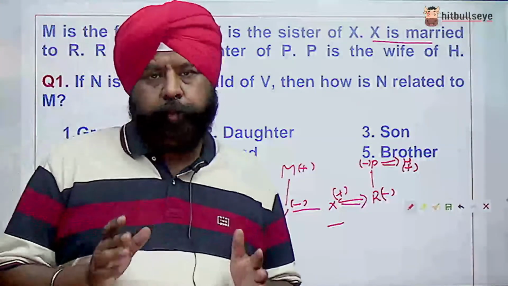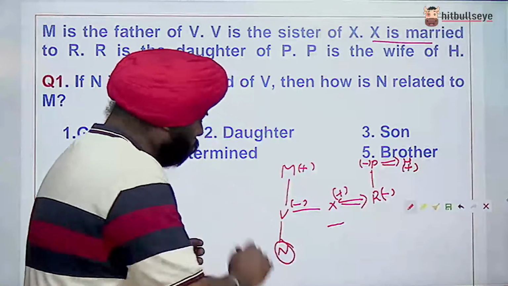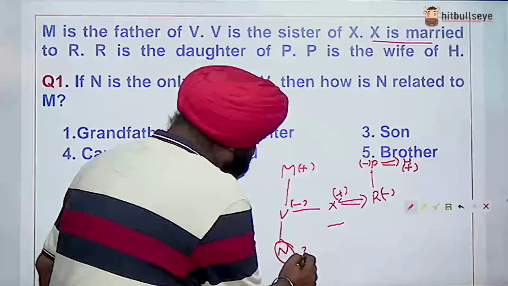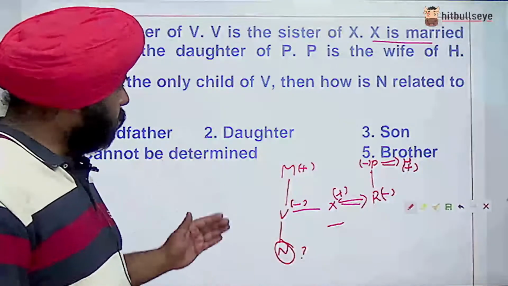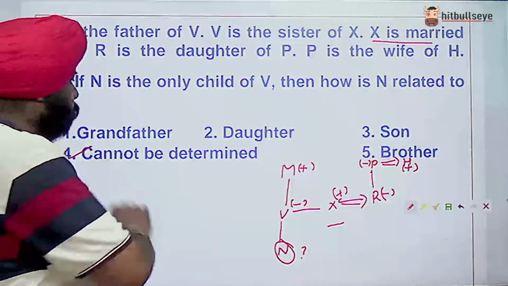Obviously, since the gender of N is not known, N cannot be determined. N could be grandson as well as granddaughter. So the answer hence is the fourth option.